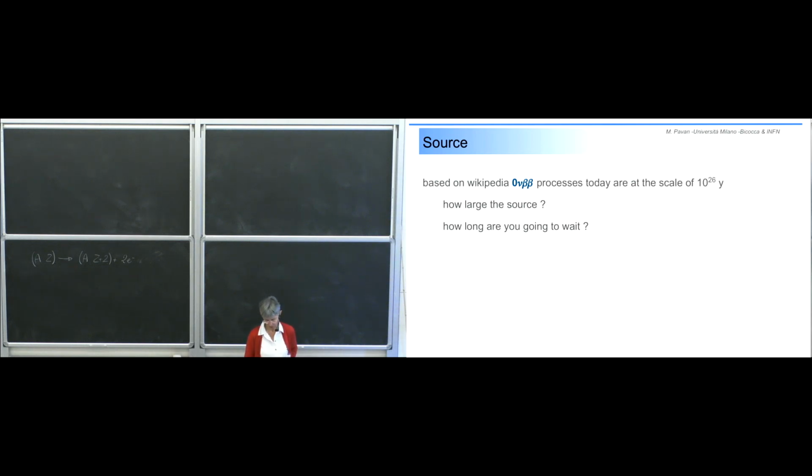Okay, so again on the source, therefore, it is the amount of candidates that I want to put in my experiment. So the question is, how large must the source be for my future experiment? And the other question is, how long do you want to wait to see a decay? 1 year, 10 years, 100 years.